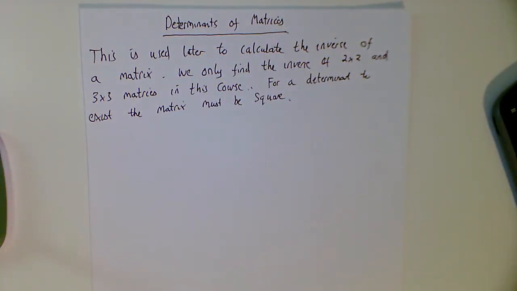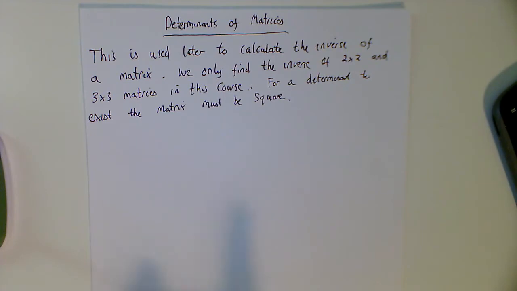So for a matrix to be square, remember that means it's got the same number of rows and columns. So that's why I've said 2 by 2 and 3 by 3. So you could find the determinant of a 4 by 4 matrix, 5 by 5 matrix, 6 by 6 matrix. But you can't find the determinant of a 2 by 3 or a 4 by 6 because it needs to have the same number of rows and columns.